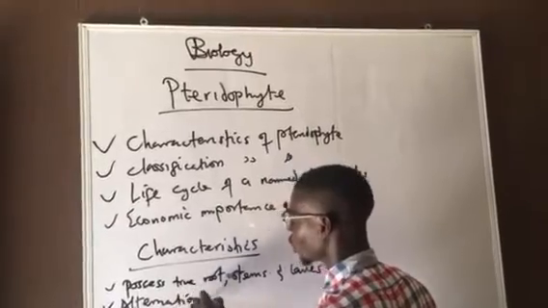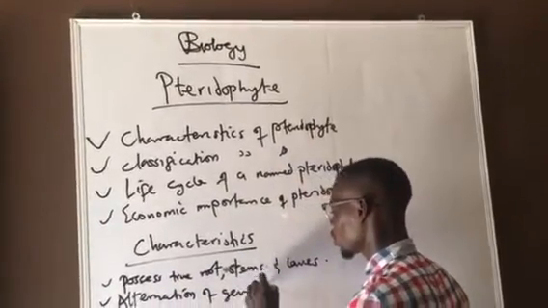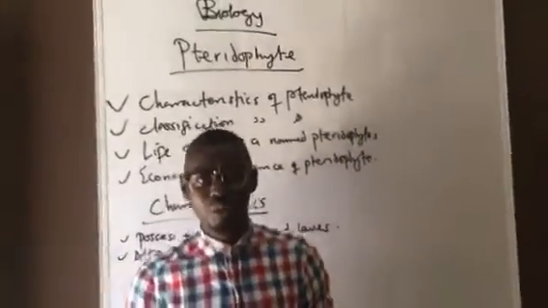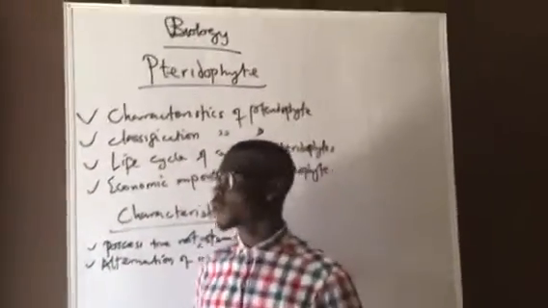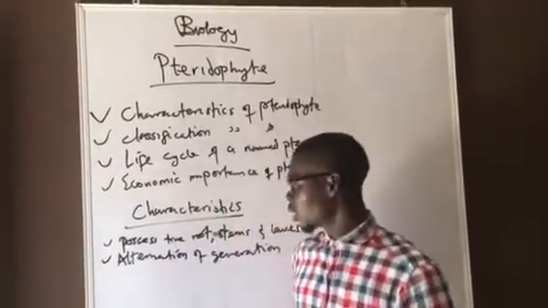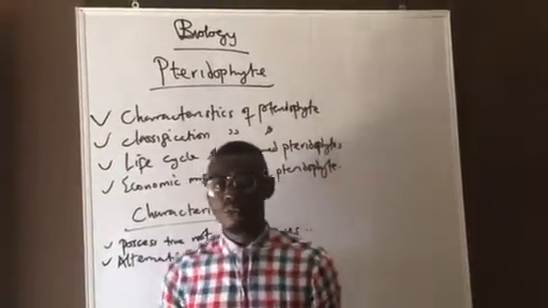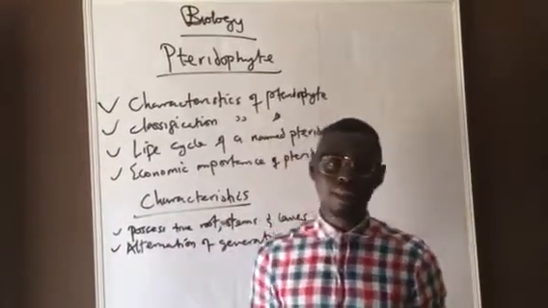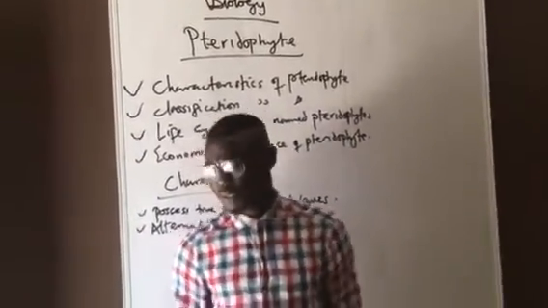This group of plants also carry out what we call alternation of generation. We have explained what it means in the other class: it involves two distinct stages, the gametophytes as well as the sporophytes.